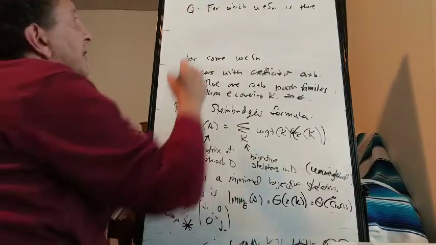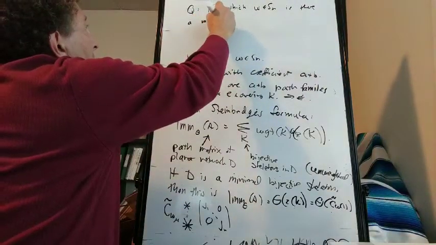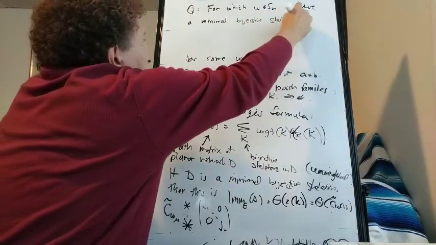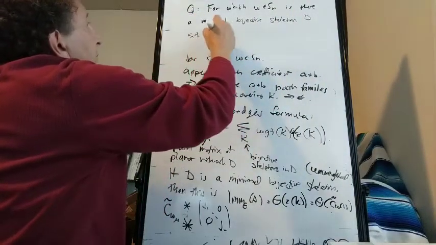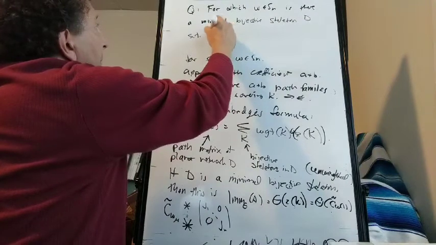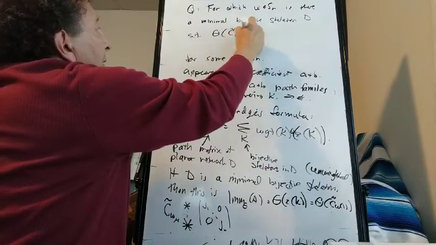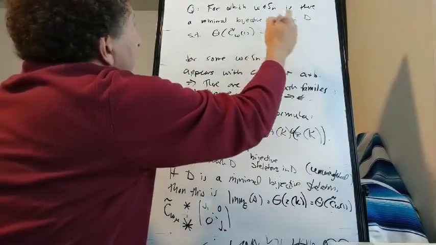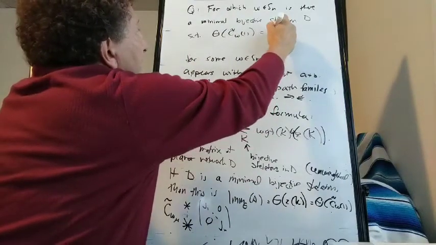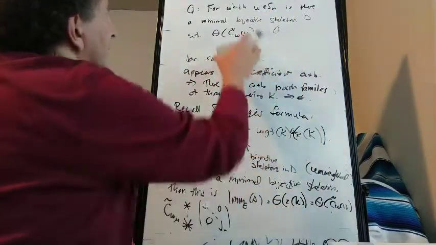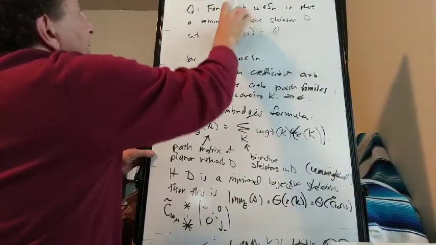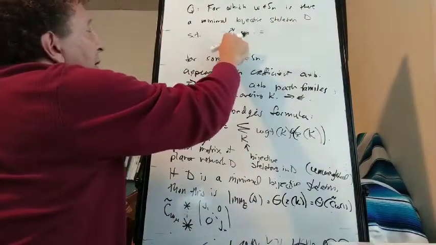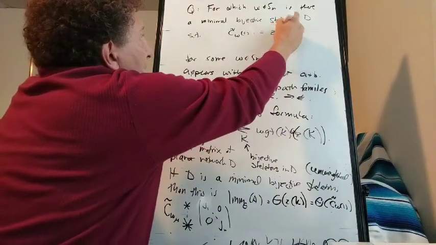So for which permutations in Sn is there a minimal bijective skeleton D such that the Kazhdan-Lusztig basis element indexed by W equals Z of D?